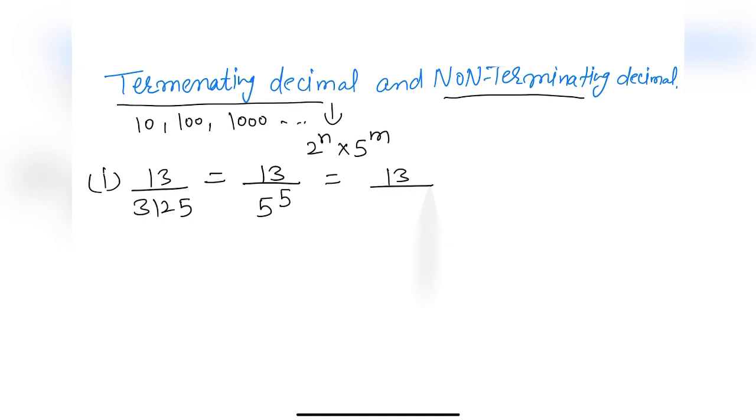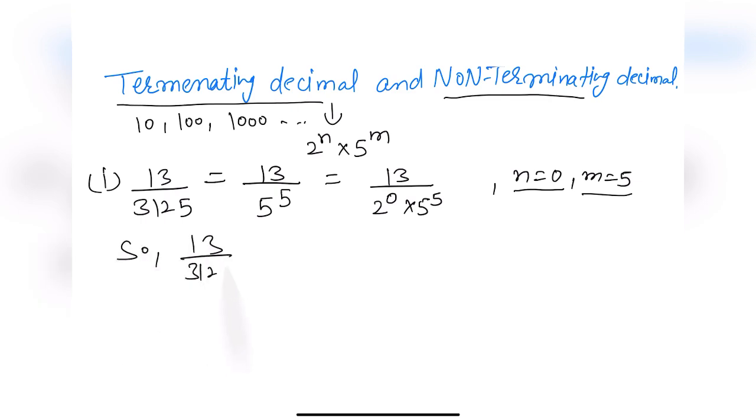Compare it with 2 raised to power n into 5 raised to power m. So we have 2 raised to power 0 into 5 raised to power 5. Here n is equal to 0 and m is equal to 5. So it is of the form 2 to the n into 5 to the m, so 13 upon 3125 has a terminating decimal.